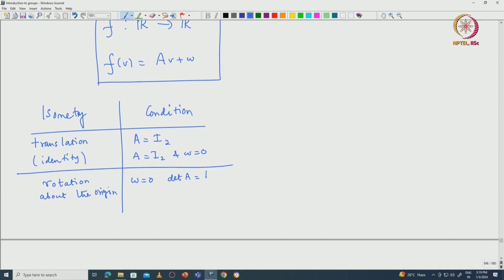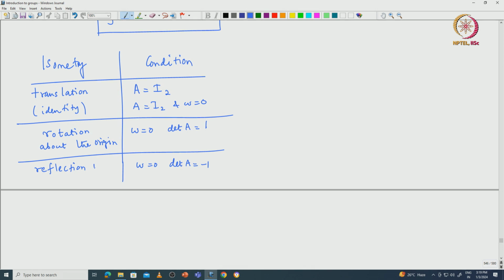So, now if you take W 0 and determinant being -1, then this is a reflection again with respect to a line that passes through origin and makes theta by 2 angle with x axis.